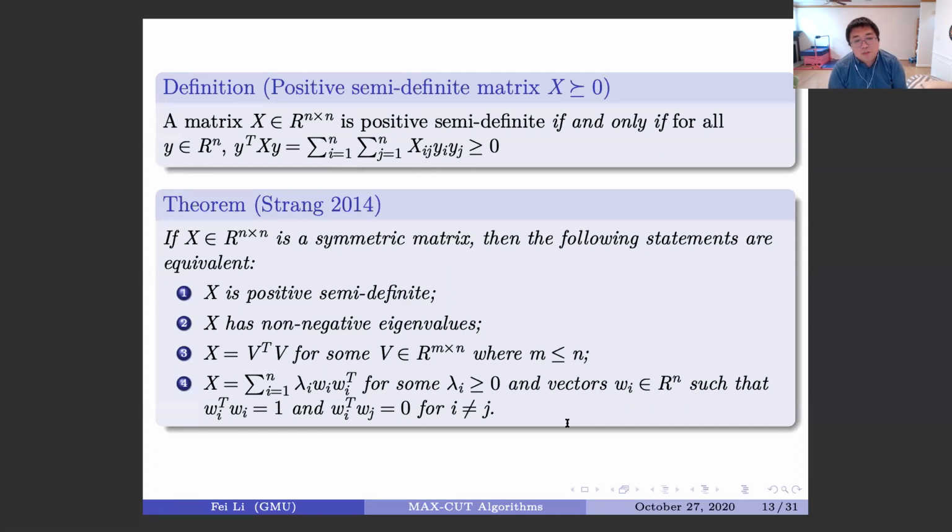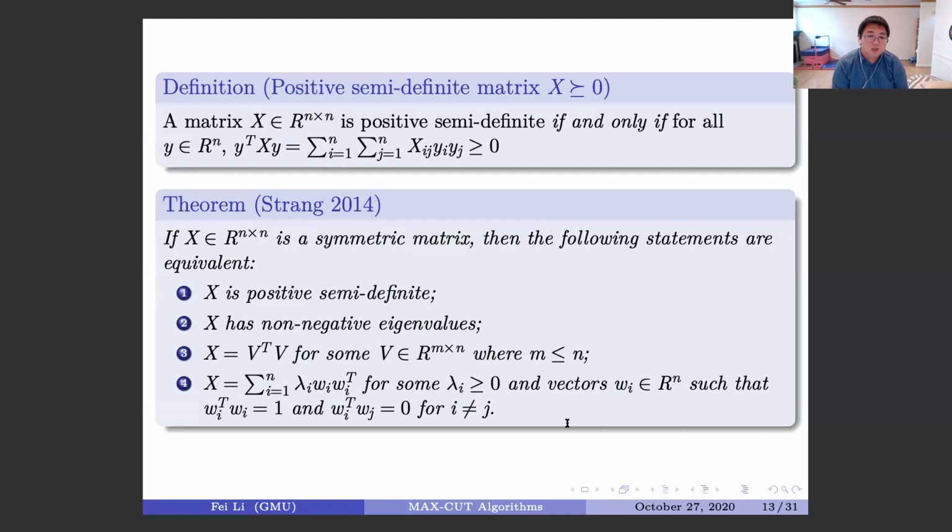It can be decomposed into V transpose times V, and also for some lambda, which are eigenvalues, and vectors W such that W i's transpose W i is 1, and W i's transpose W j is 0. So these four conditions are equivalent.